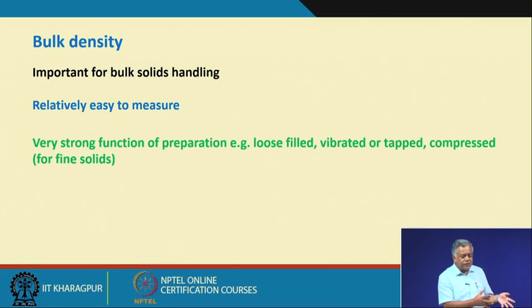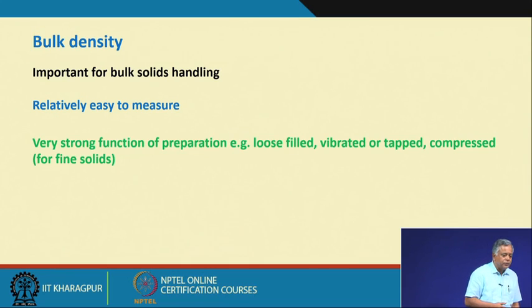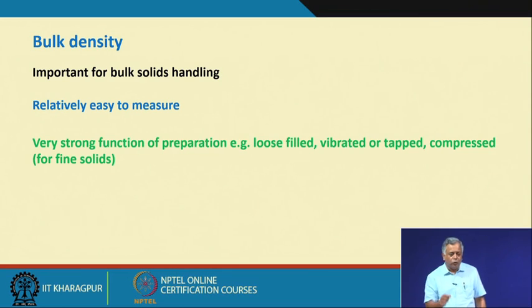So, 500 tons to transport from one point to another point, what is the important thing we must know? What is the volume occupied by that. We can get that from the bulk density information, and then how this 500 tons of material will be poured into that bulk handling equipment, that will be decided by the bulk density, because of how the particles are arranged.